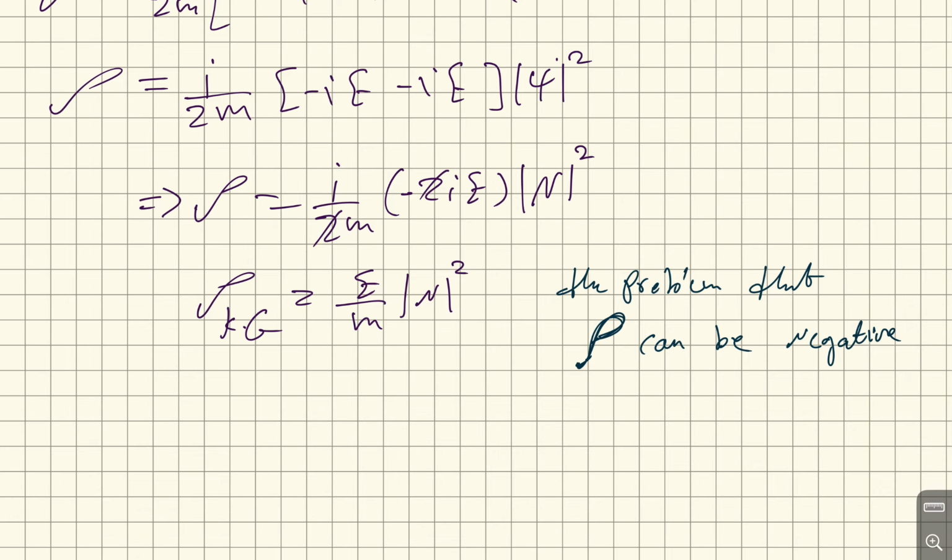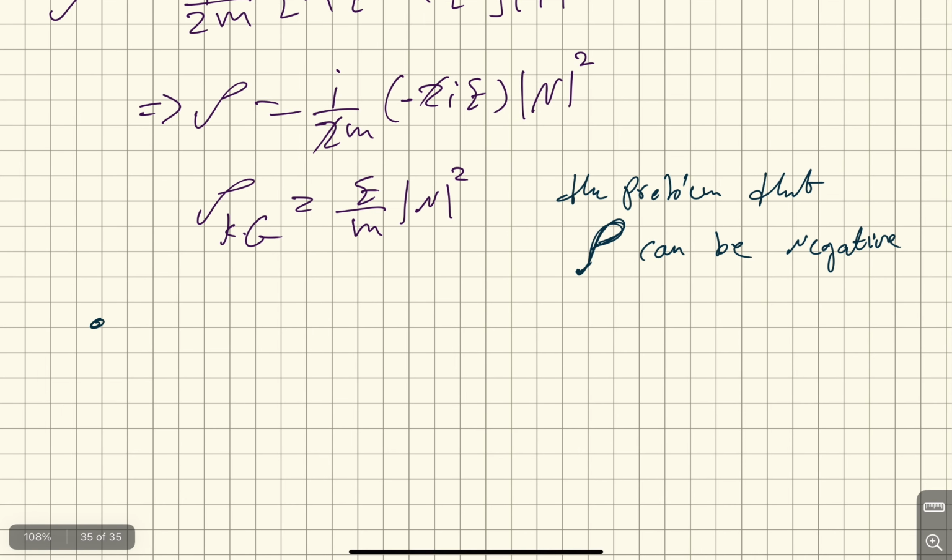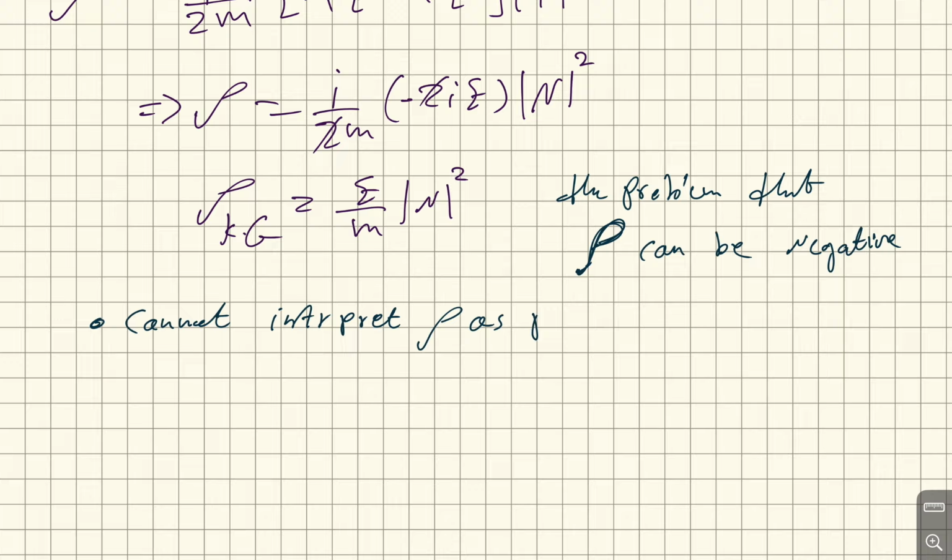A negative probability makes no sense. What are the consequences of having a negative probability? That means we cannot interpret rho as a probability density.